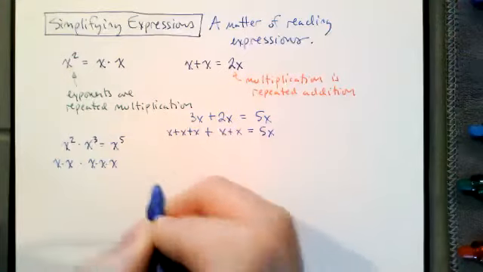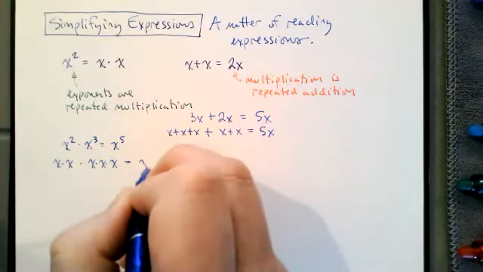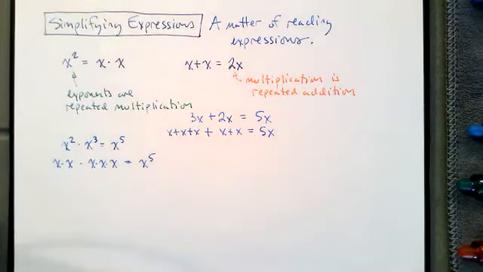So if I multiply those, I'm multiplying 5 x's. So of course it's x to the fifth. It's handy that we can just add the exponents, but that's not where the rule comes from. It comes from what we mean when we write exponents. Take 2 copies of an x and 3 copies of an x and multiply them all together. You're multiplying 5 x's together.